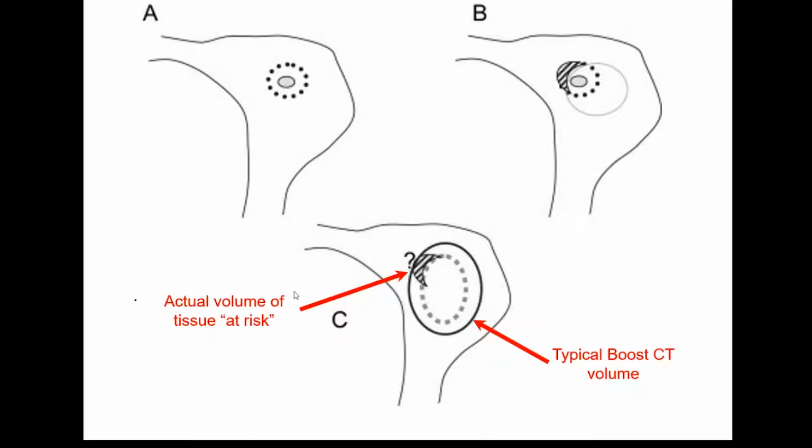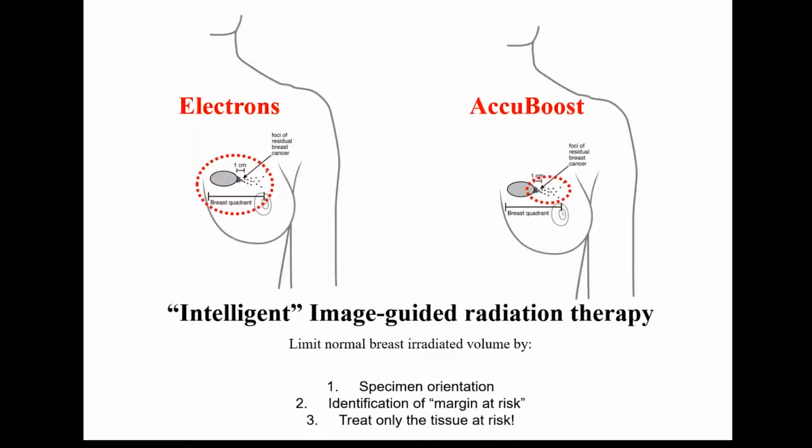Next slide. So we now, as a matter of routine, use AccuBoost to incorporate specimen orientation, identifying the margin or margins at risk, and then directing our boost only at those tissues that we deem to be at significant risk. Next slide.